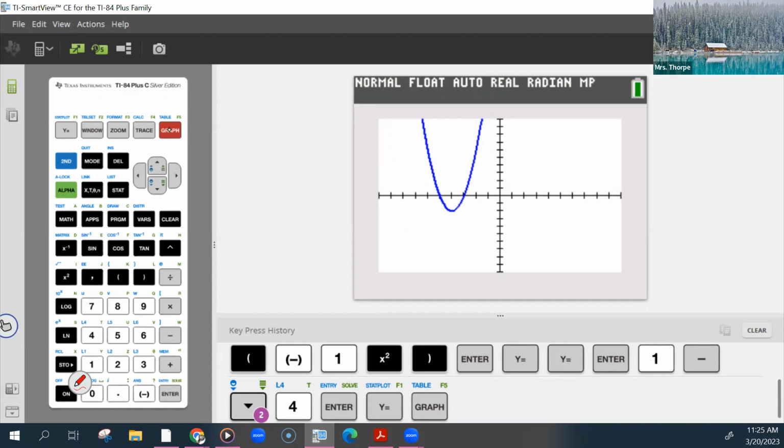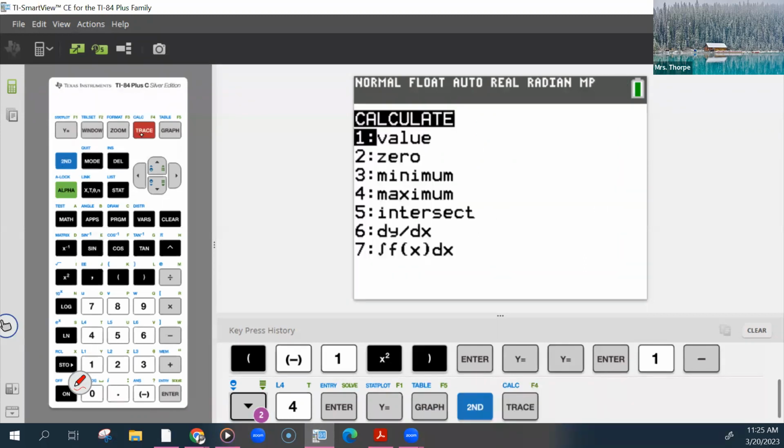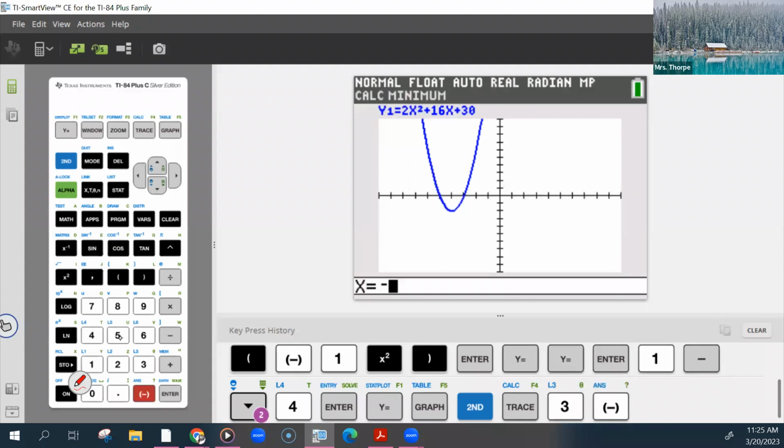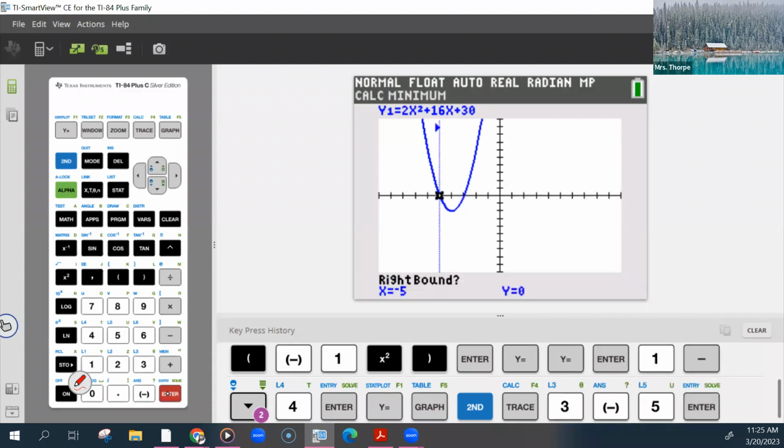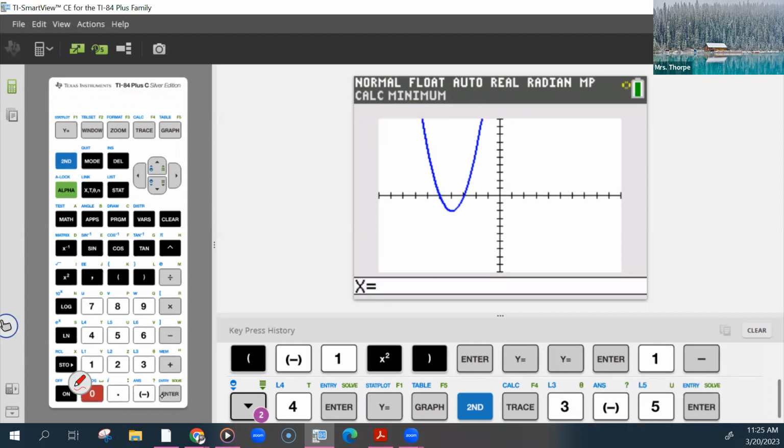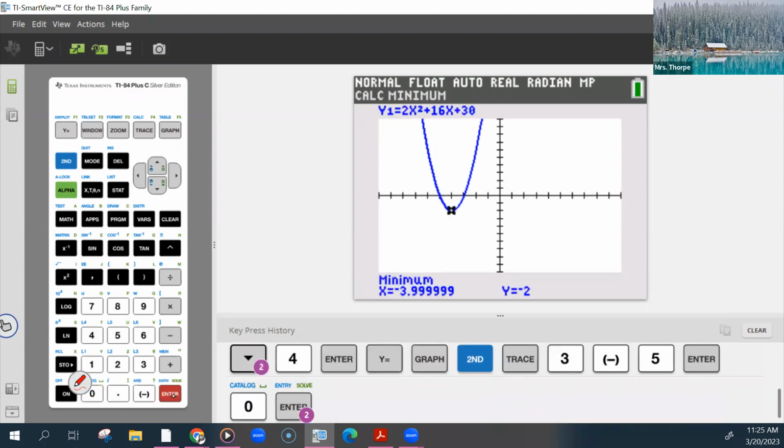Second trace to find the minimum or maximum. You have to pick points that will tell you your minimum or your vertex. Second trace will also tell you your other points.